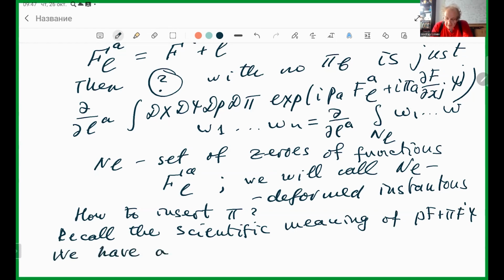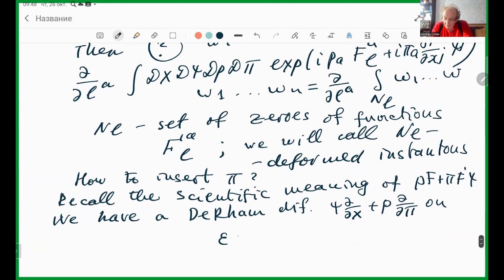We have the de Rham differential psi d over dx plus p d over d pi on e1 of x.